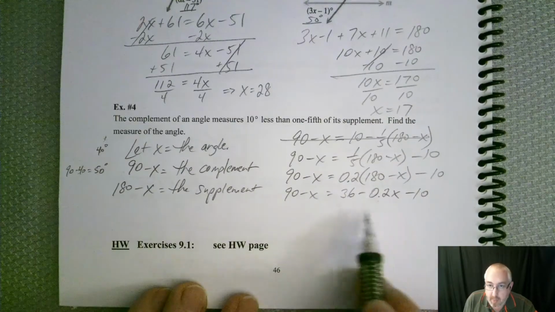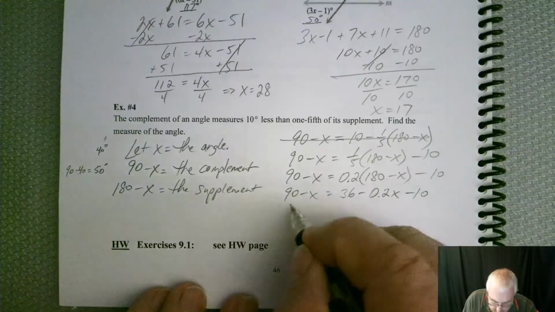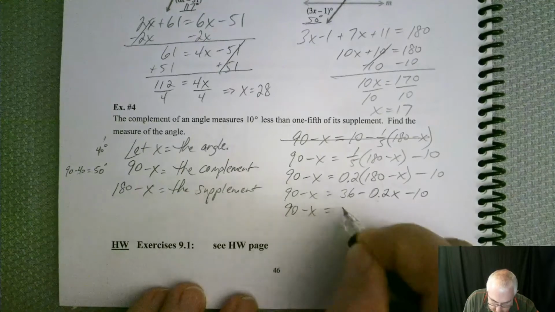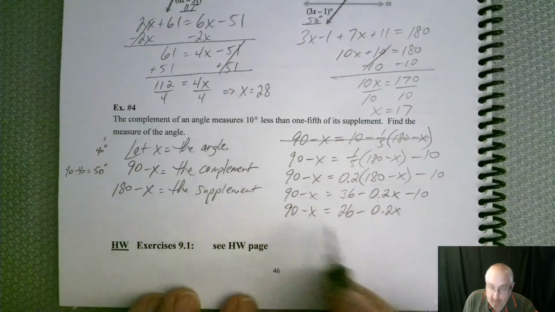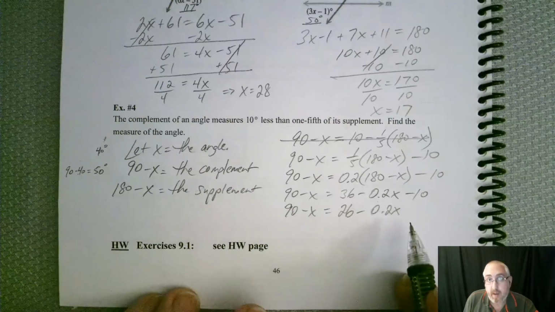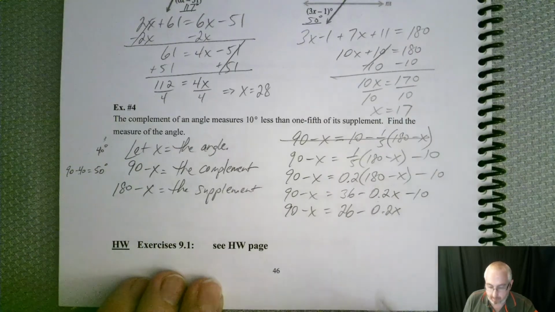Now we can do a little bit of combining. We got the minus 10 and we got the 36, so we can combine those. So 90 minus x equals 26 minus 0.2x. And now we can start moving stuff around. Now, we always like to move the smaller of the two x's, or whatever the variable is. But be careful.